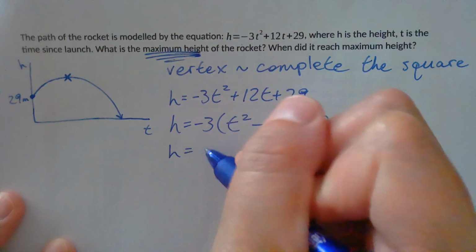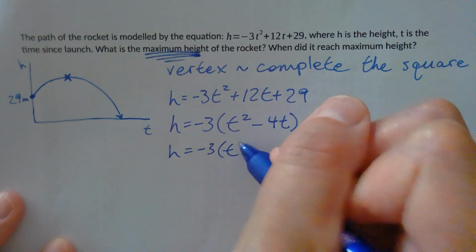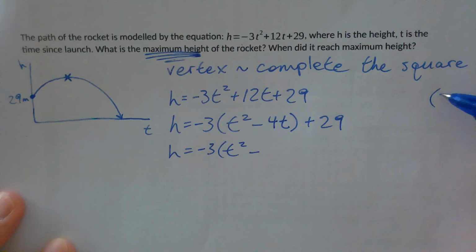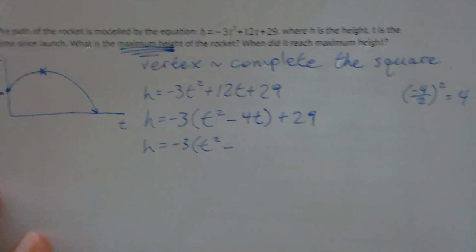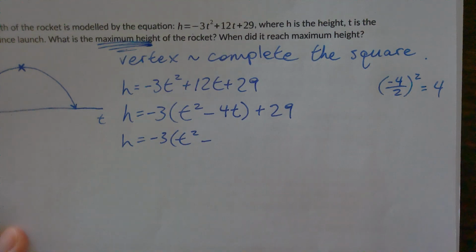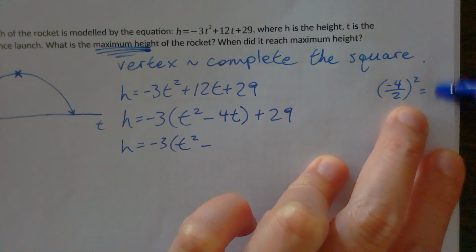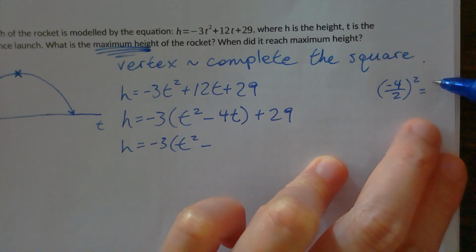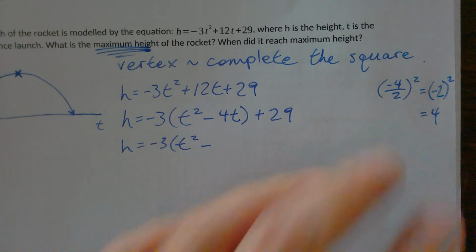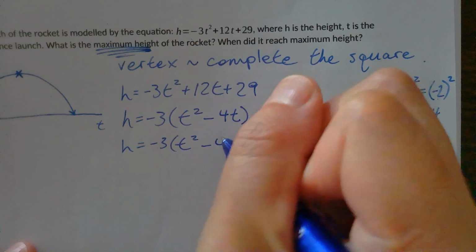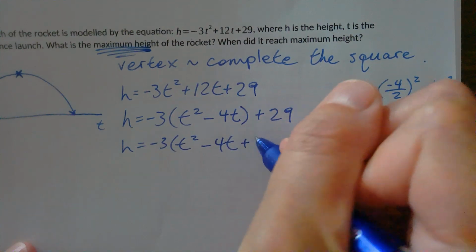And then, as you said, half of it squared. So negative 4 divided by 2, square it, you get 4. Remember I always want to write this on the side. Negative 2 squared, which is 4. So that means I'm gonna add 4 minus 4.